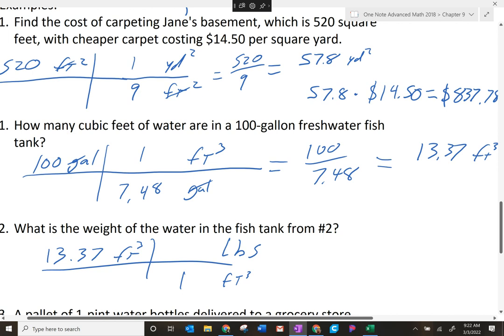So 1 cubic foot is going to equal 62.5 pounds. These labels get to cancel out, and we just multiply straight across. So how heavy is that fish tank? Yes, very. 835.6 pounds.